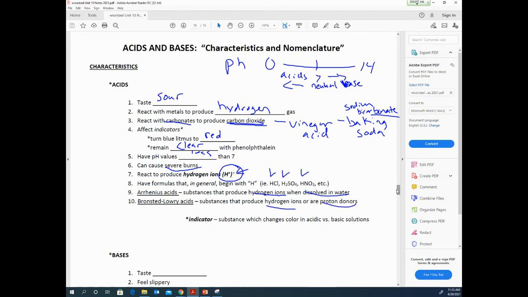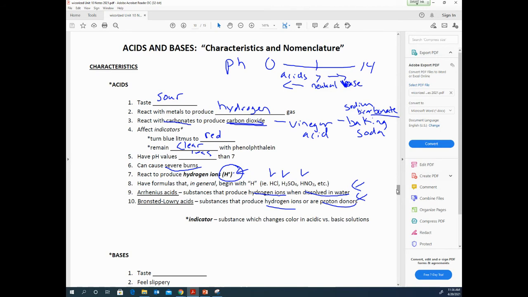So it just means that they're going to trade hydrogens in a different way, with different substances. This is just in water. This is going to give protons away. But it's just terms. Basically, as long as you have your notes and your terms, you'll be okay.